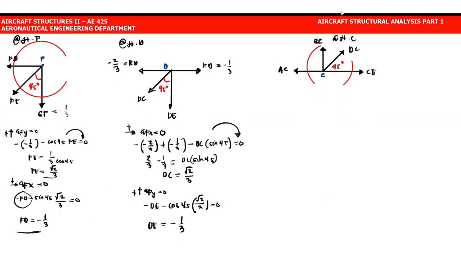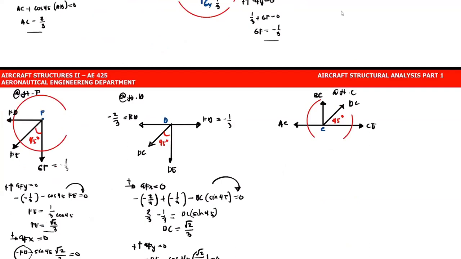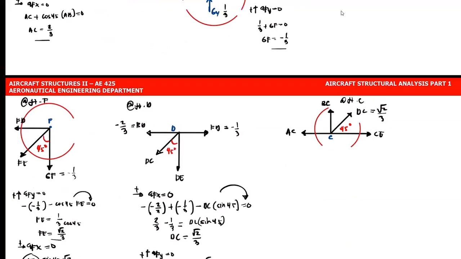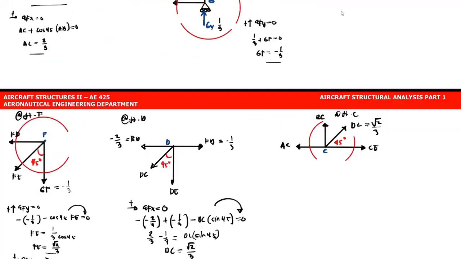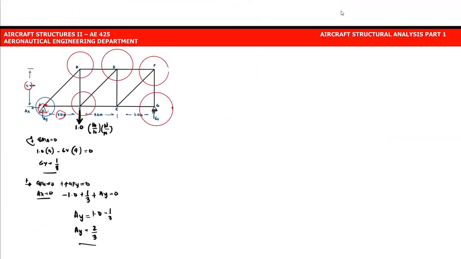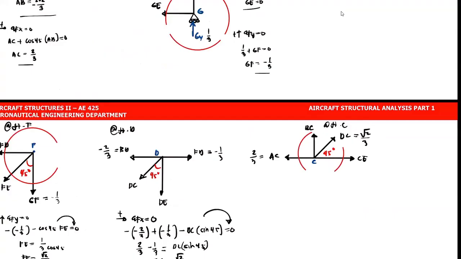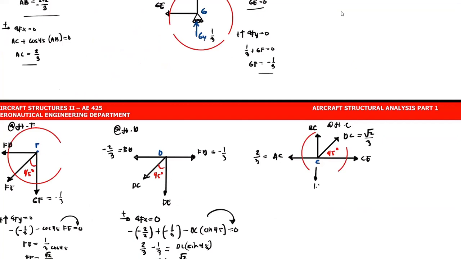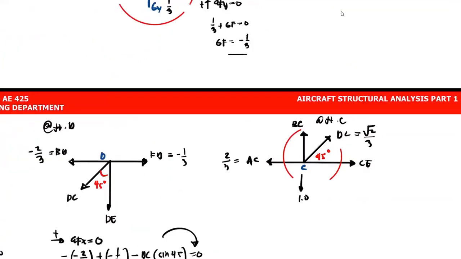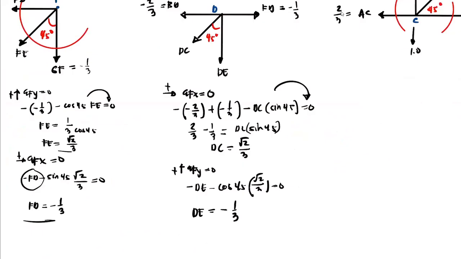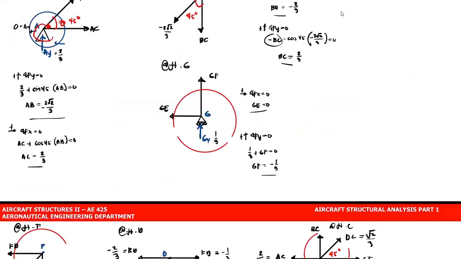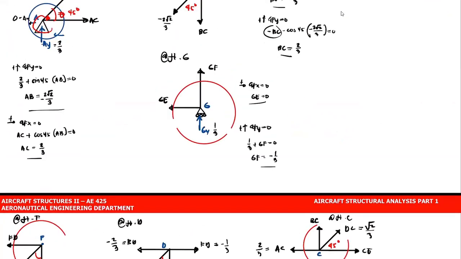So we have value of DC, which is square root of 2 over 3. And value of AC, 2 over 3. And syempre, naka-equate doon yung load na 1.0. So ano lang kulang sa atin? Meron na tayong member BC. Tama. Ang BC natin is 2 over 3.